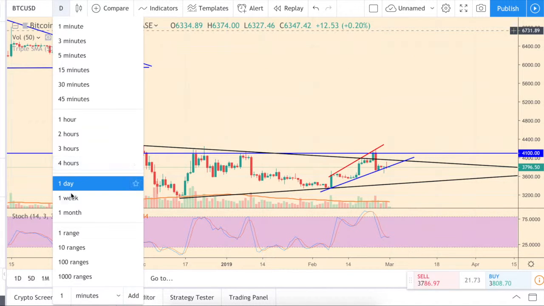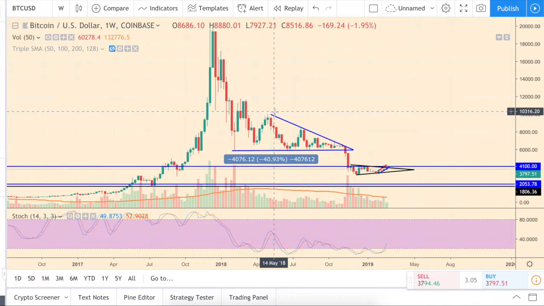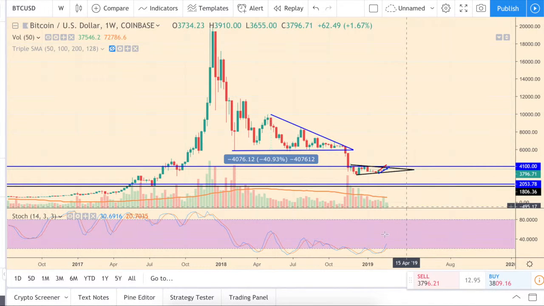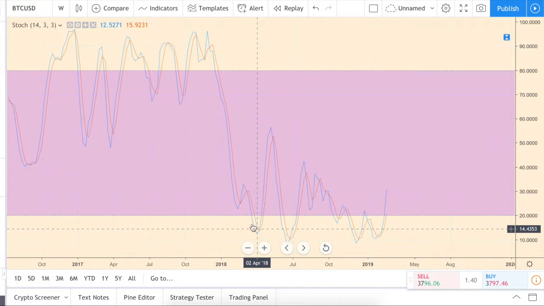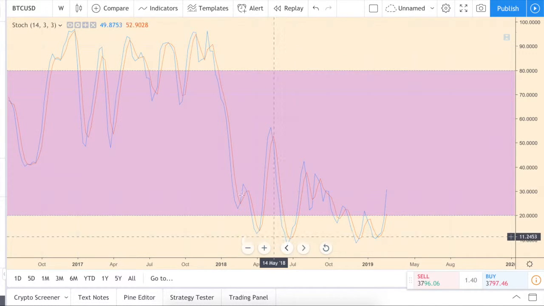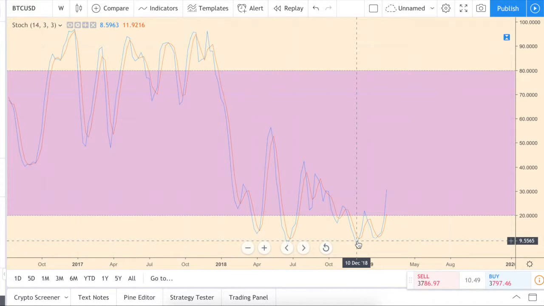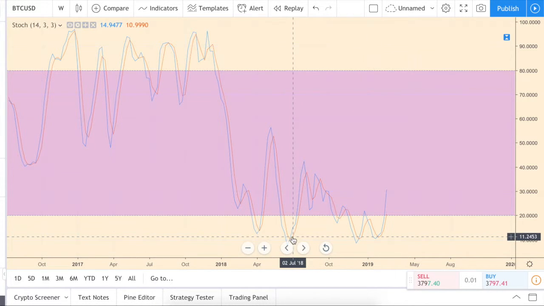There are two larger timescales which I think are much more representative in the general scheme of things. Weekly time frame. You can see that the lows of this indicator were lower when we were dropping down, and then we started to go up. At this point, around December 10th or 15th, we made a low which was higher than this low, and then this low is even higher than this low.